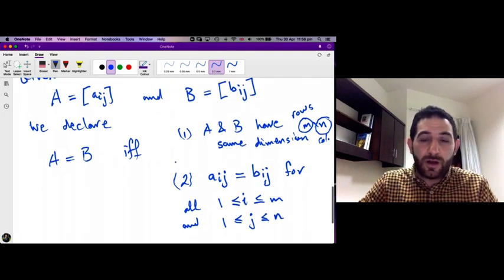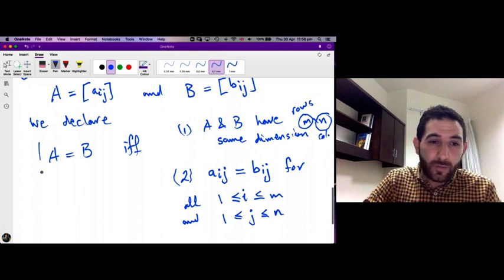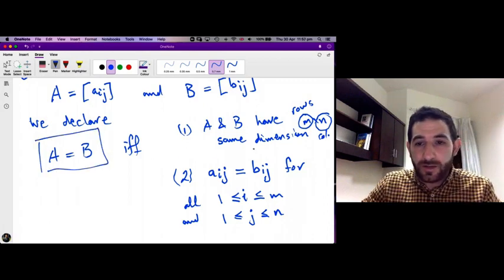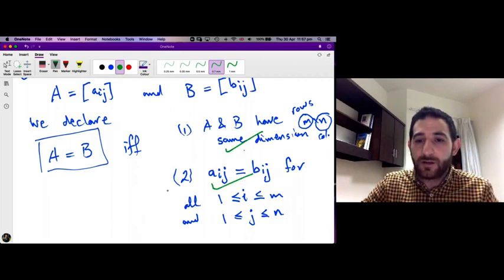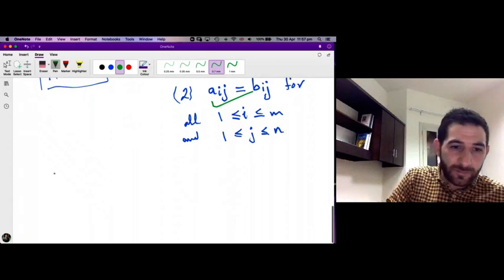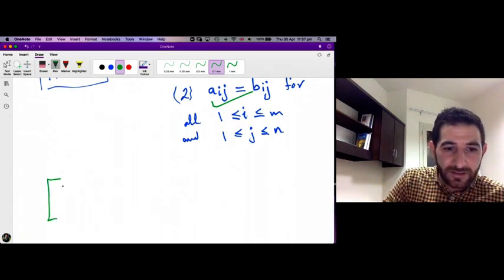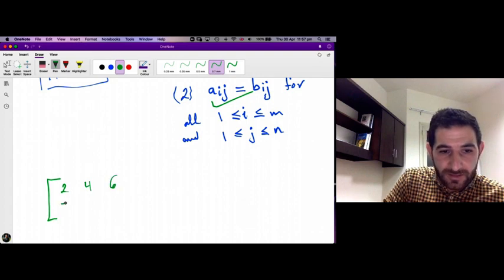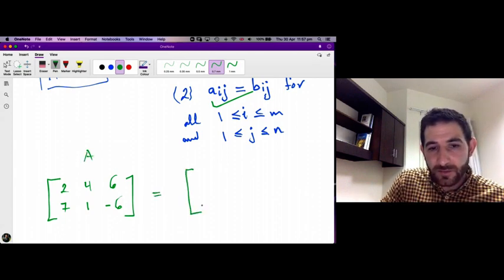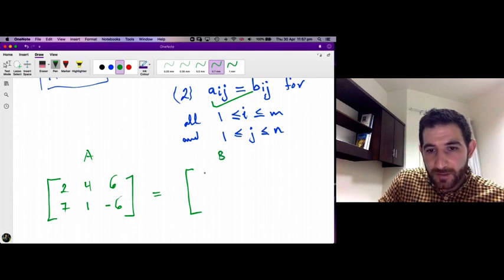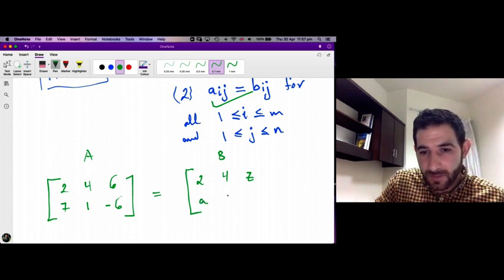Okay, so this is how we define equality for matrices. Two matrices are equal if they have the same dimension and the corresponding entries are equal. For example, say the matrix A is 2, 4, 6, 7, 1, -6, and you know that the matrix A is equal to the matrix B: 2, 4, Z, A, 1, and -6.